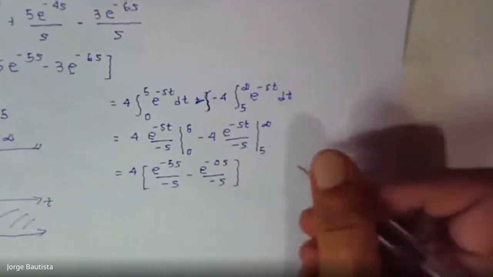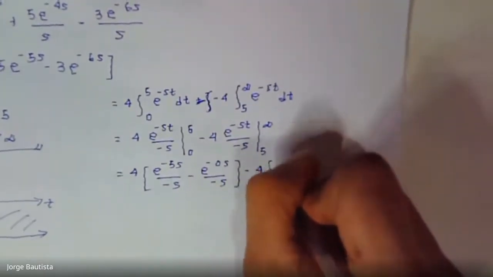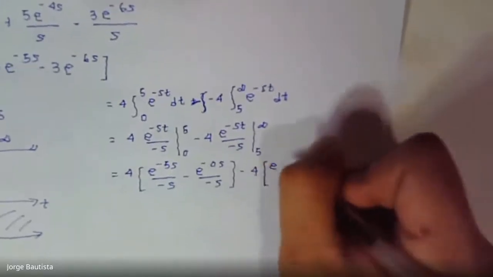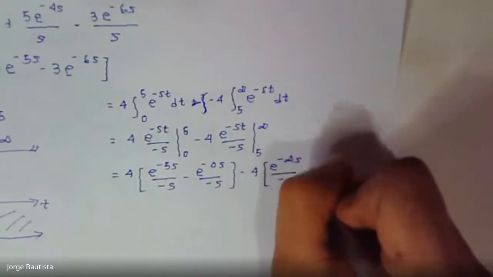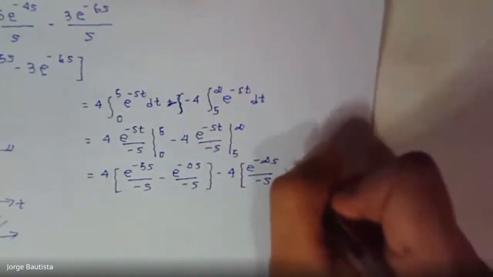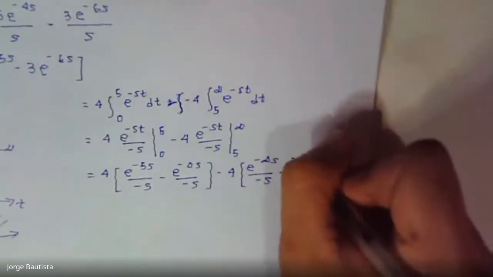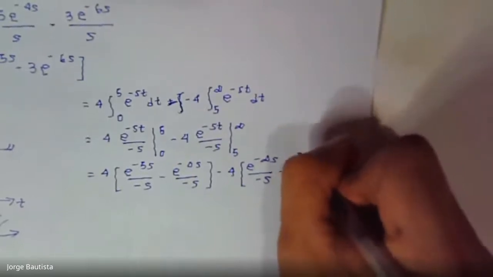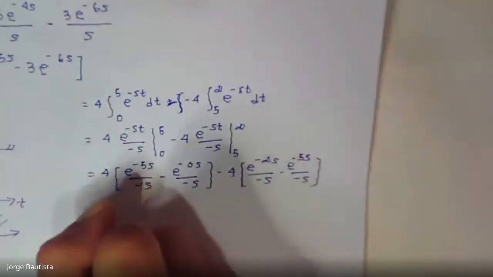And then you have negative 4 times e raised to negative infinity s all over negative s, minus e raised to negative 5s all over negative s.